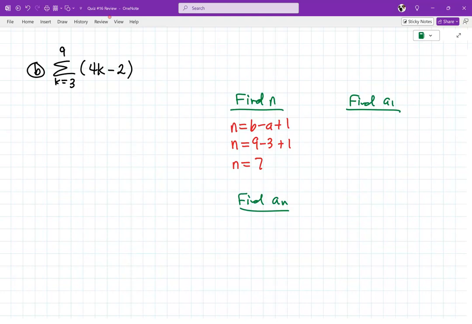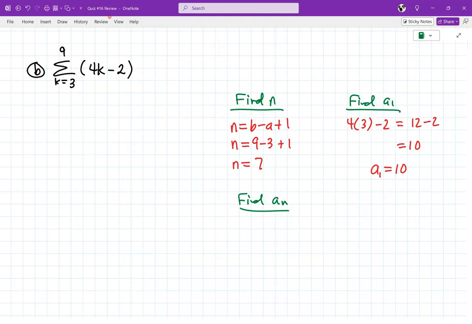Finding a sub 1, I'm going to plug my lower bound, the 3, into 4k minus 2. You always plug in the lower bound. So 4 times 3 minus 2, that's 12 minus 2, which is 10. So a sub 1 is 10.